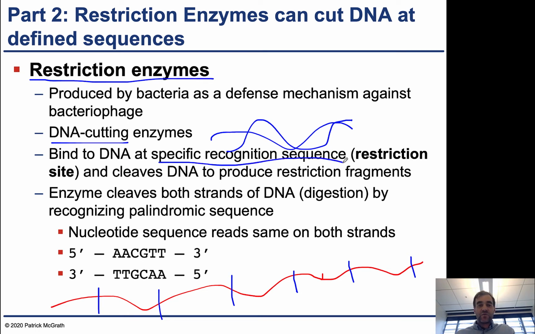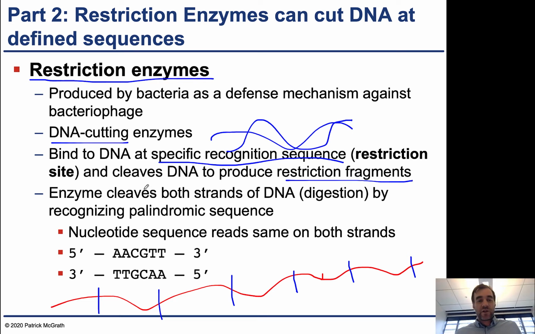So if these enzymes see a particular set of nucleotides in a certain order, they can bind that double-stranded DNA and actually cleave the DNA. And this produces what's called restriction fragments. So these are just fragments of DNA.